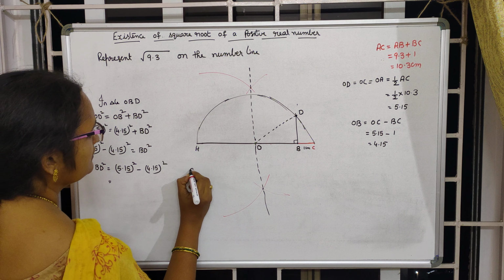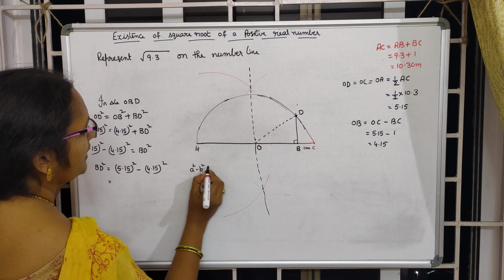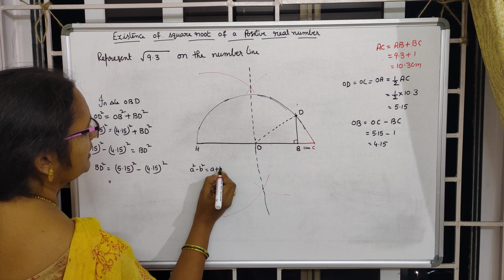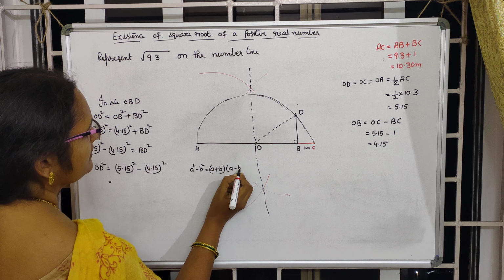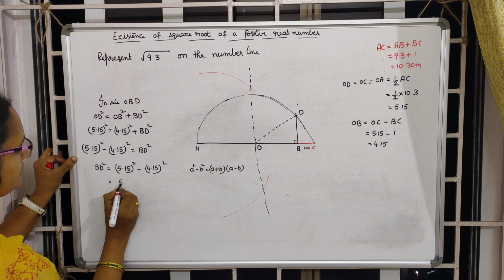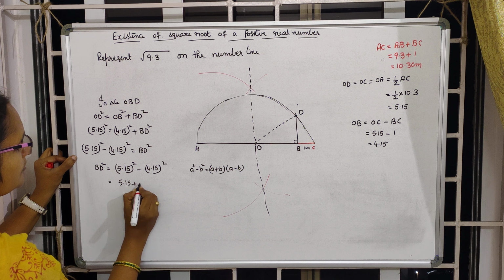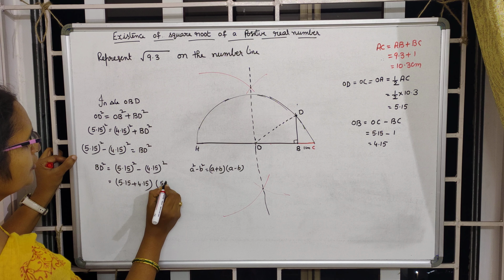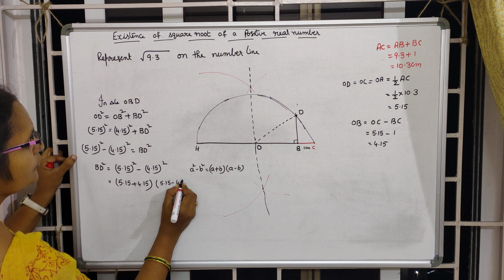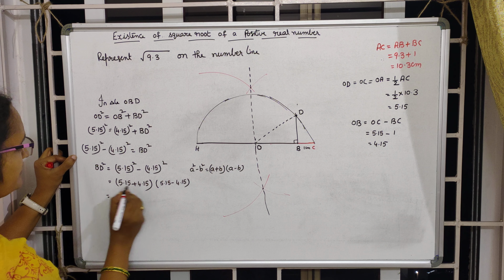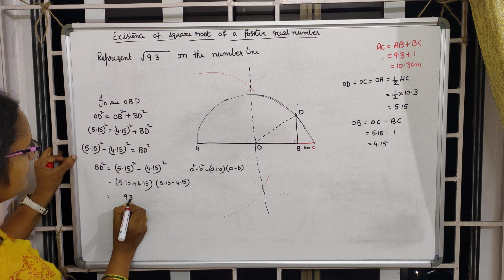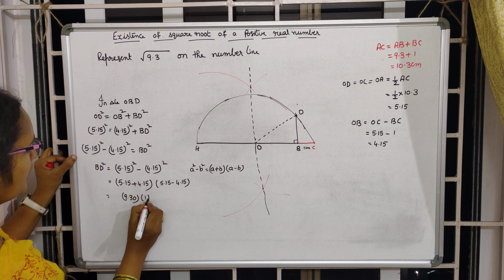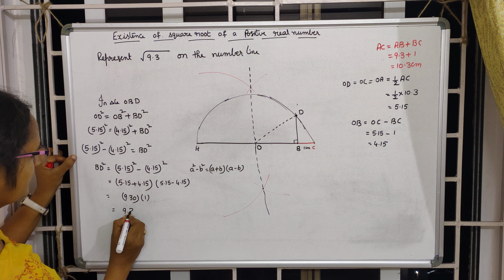Using the formula a square minus b square equals a plus b into a minus b, this can be written as 5.15 plus 4.15 into 5.15 minus 4.15. This is nothing but 9.30 into 1, which gives 9.3.